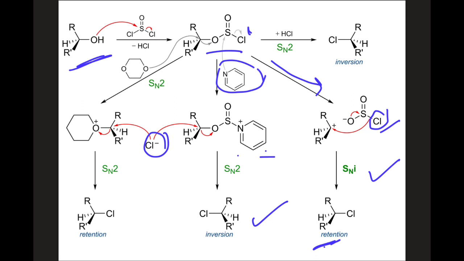Similarly, when we are taking dioxane, when you are taking dioxane, then also the whole SO2Cl group is going to be eliminated, and you are getting the SN2 retention or displacement, retention of configuration in this way.